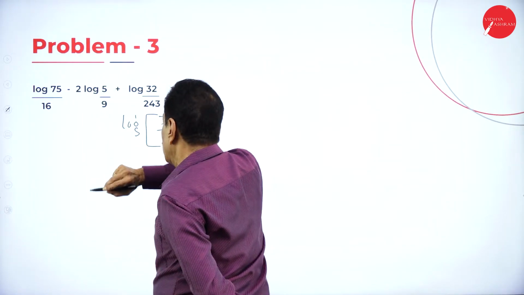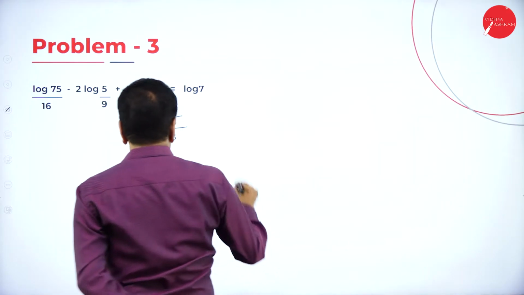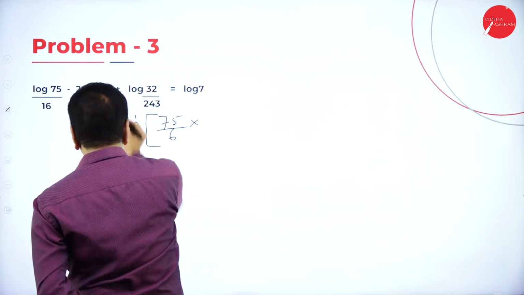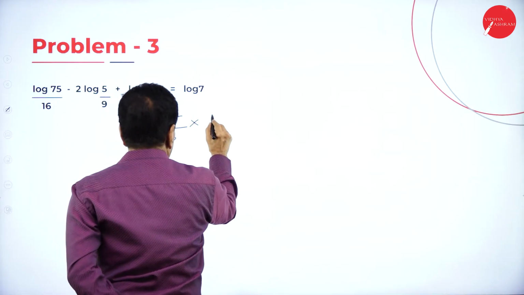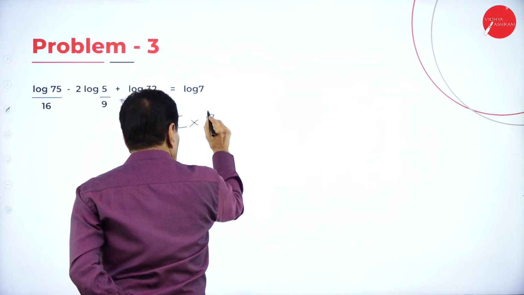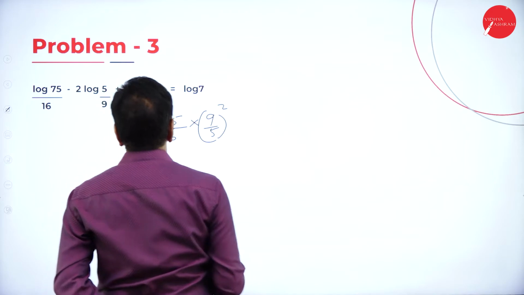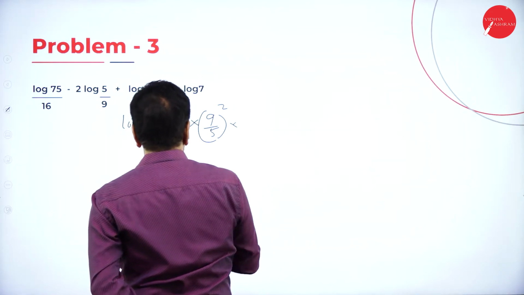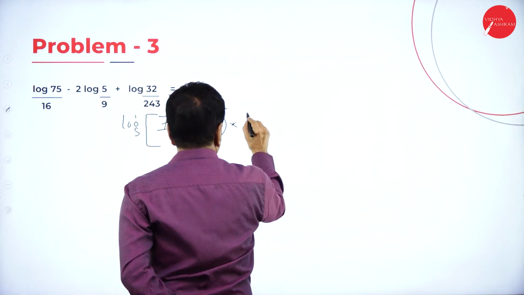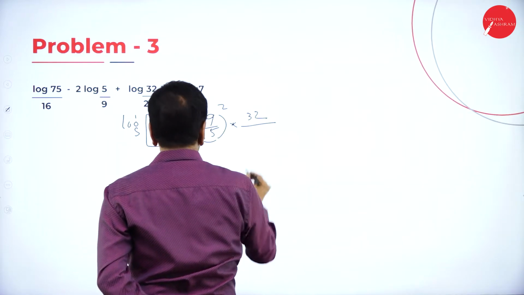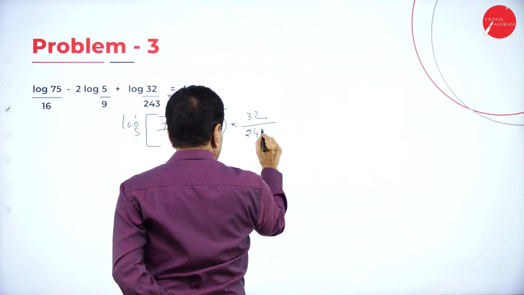This can be multiplied 2 times. This can be written as reverse 9 by 5 whole square into 32 divided by 243.